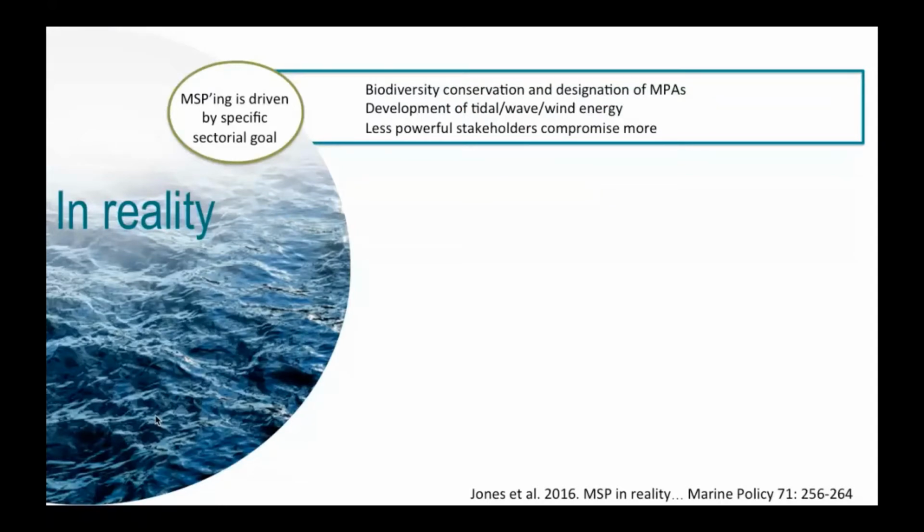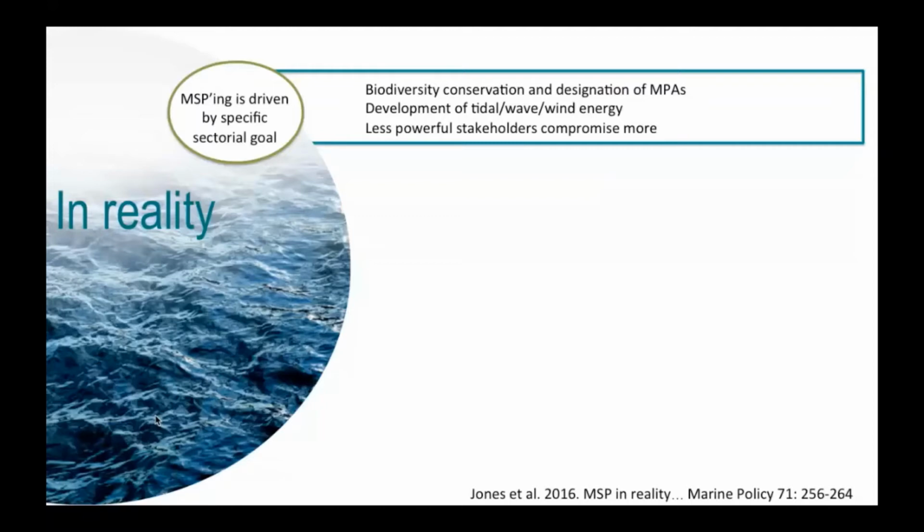And one main point that they have identified is that MSPs tend to be driven by specific sectorial goals. What does that mean? For example, MSP will be proposed when there is a very specific interest in place, like wind farming, wave energy production, or even the establishment of marine protected areas.